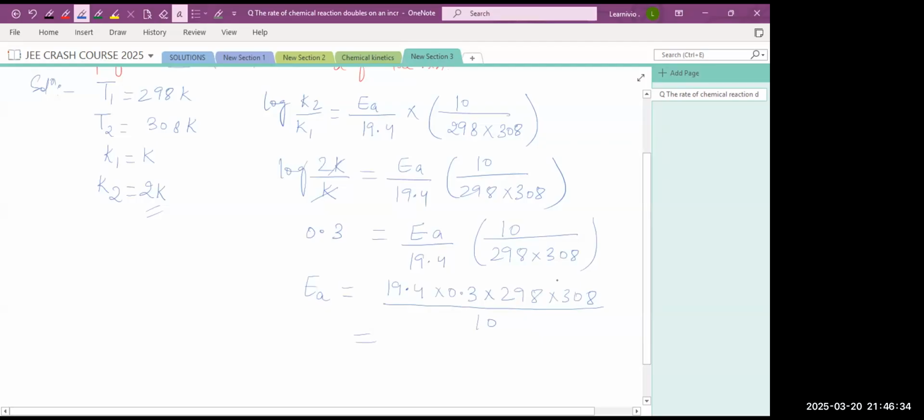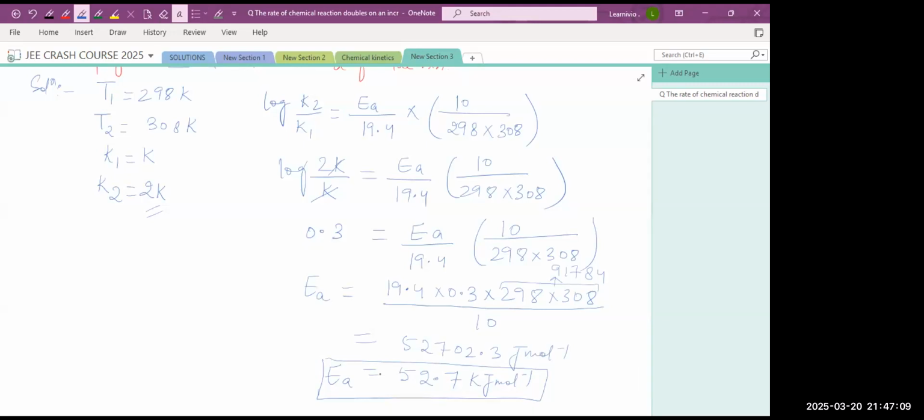By multiplying this, you will get 91784. So your final answer will be 52702.3 joule per mole, and you can write it in kilojoule per mole, which is 52.7 kilojoule per mole. That is your activation energy. That's how you calculate the activation energy using these formulas.